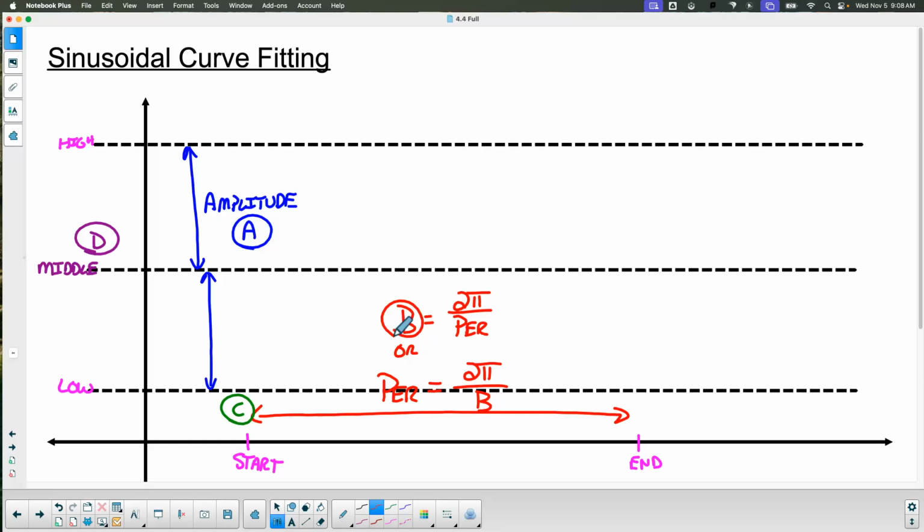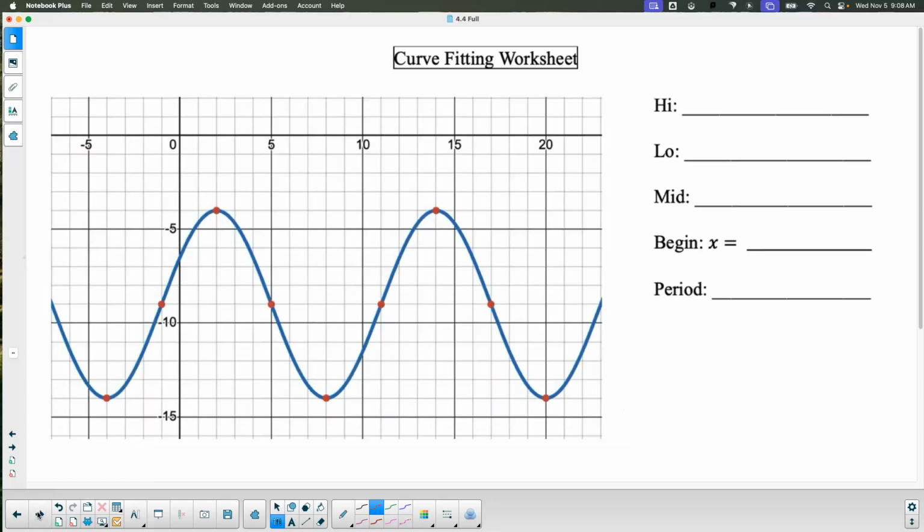Okay? Let's do this. So on this first one, do you want to find a sine or a cosine curve first? Sine, okay. So on this one, we're going to find a sine curve. Then on the next one, you'll find a cosine curve. Okay. So based off of it, what is our high value?